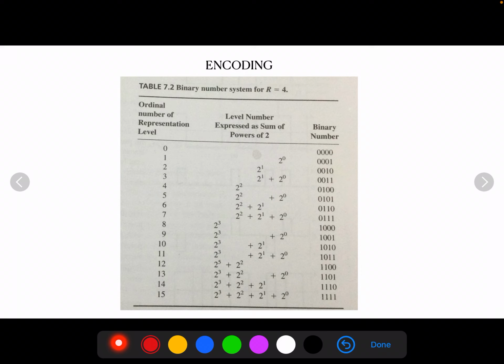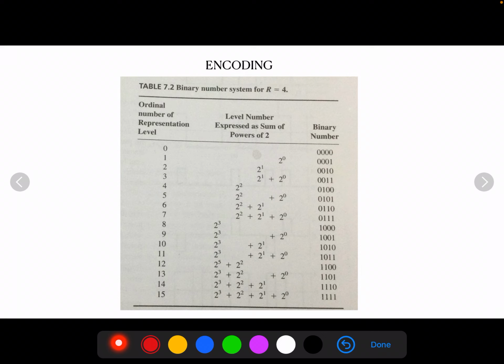Suppose that in a binary code, each code word consists of R bits. The bit is an acronym for binary digit. Thus, R denotes the number of bits per sample. Then, using such a code, we may represent a total of 2 to the power R distinct numbers.